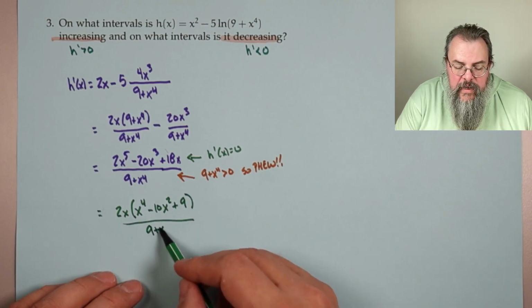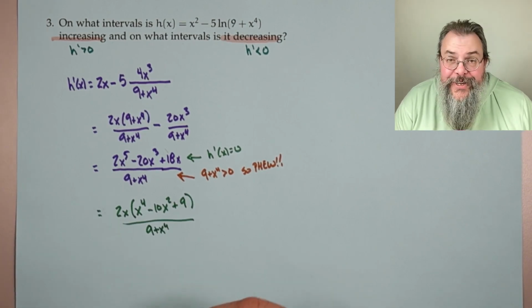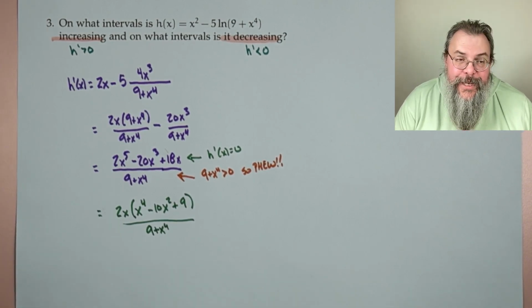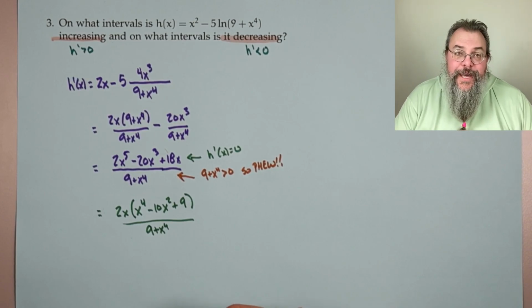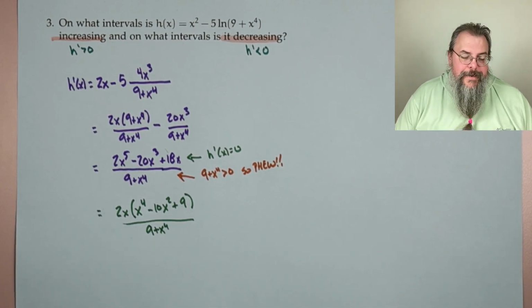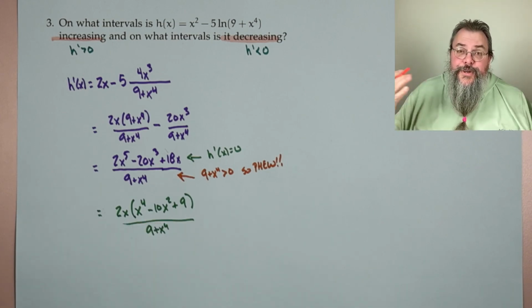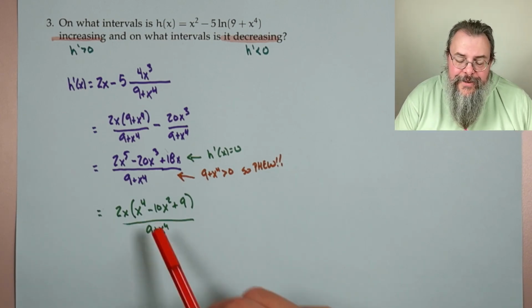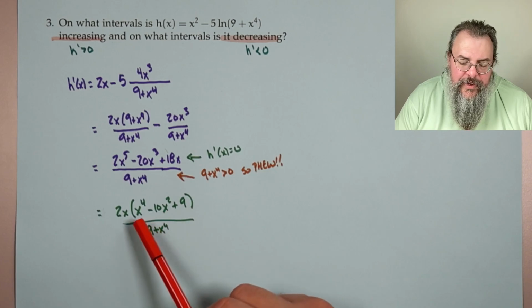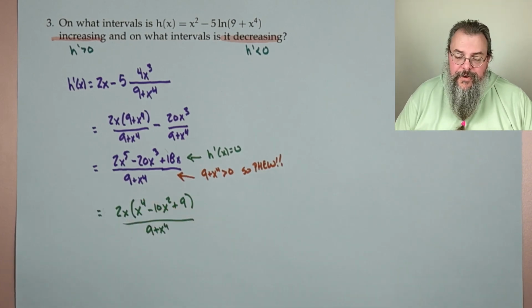Okay, and now say, how do we factor a quartic, a fourth degree polynomial? Well, the answer is we don't. Or do we? Because it is a fourth degree polynomial, but notice there's no cube terms. There's no x terms. The only powers we see are x to the fourth, x squared, and essentially x to the 0.